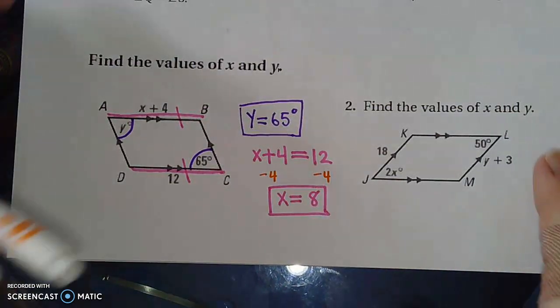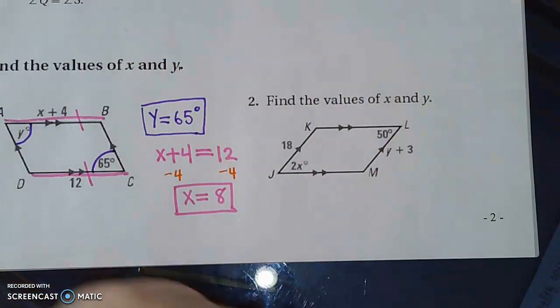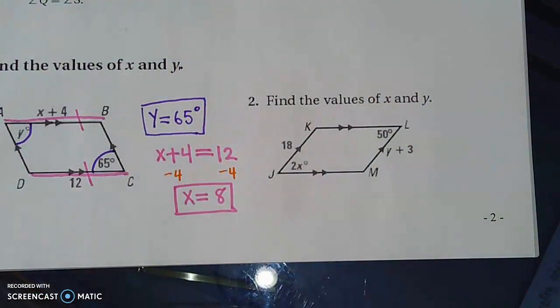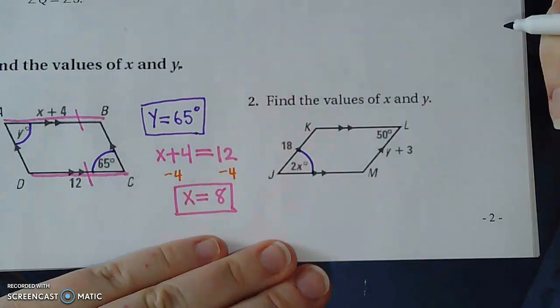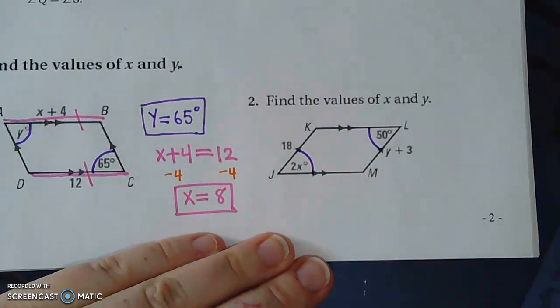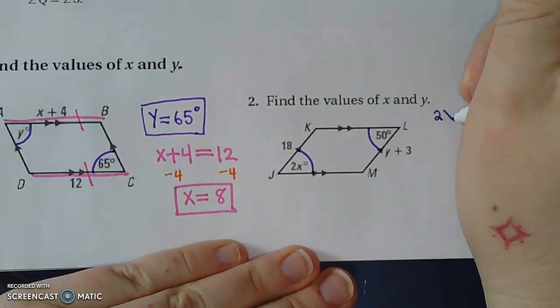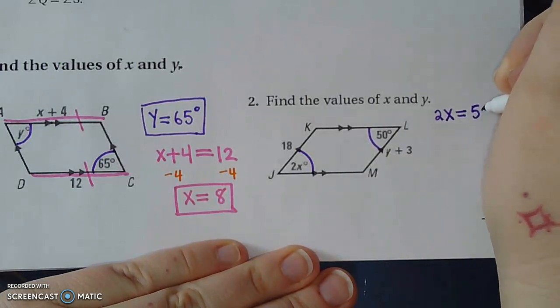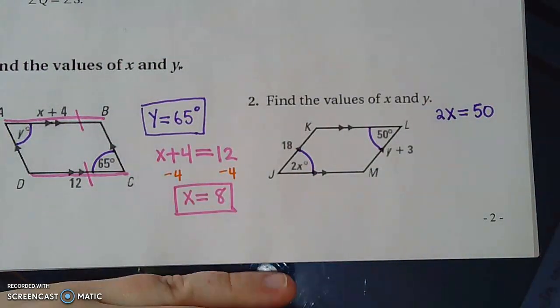All right, moving on to example number 2. Let's start with the angles, just like how we started with the angles last time. I see angle J is 2x, angle L is 50. They are opposite angles, so I can create an equation. 2x equals 50. They are congruent, so they are equal to each other.